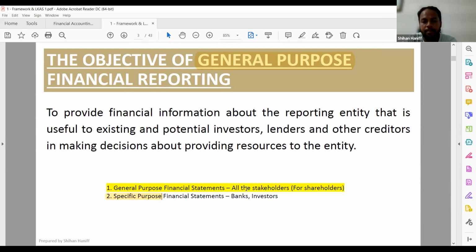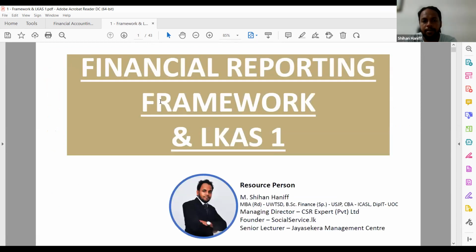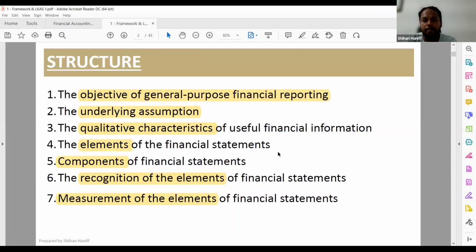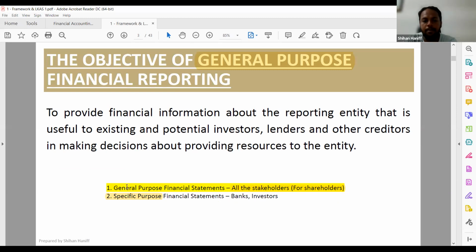General purpose means the financial statements we provide for all the stakeholders. So we mainly use general purpose financial statements. Specific purpose means financial statements prepared for specific people, for banks, for investors, for any other regulatory bodies. But in LKAS 1, the accounting framework, we speak about general purpose financial statements.